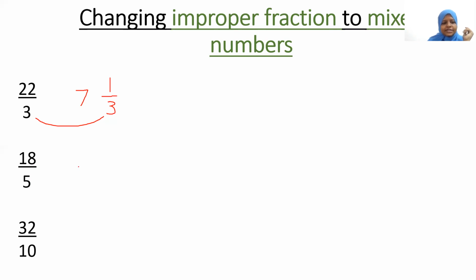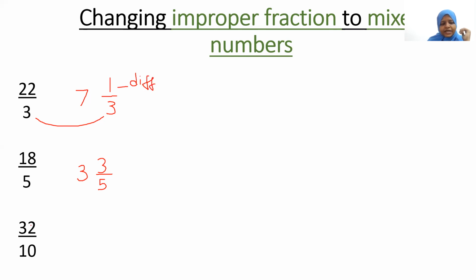You have 3 times, and then the 5 comes here. Now we have 15. From 15 to 18, how much is the difference? 15, 16, 17, 18, a difference of 3. So the difference of 3 comes as the numerator. The difference comes as the numerator.